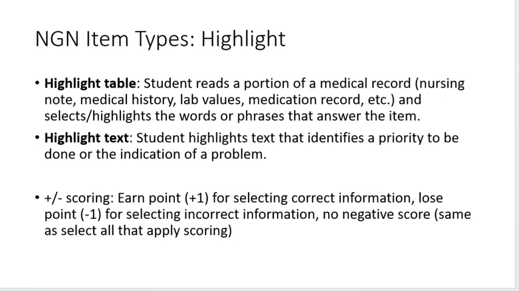On the NCLEX, it's on the computer, so you'll highlight it by dragging your cursor over it. In your nursing school exams, you might be asked to underline or circle something provided in a table. And the same thing can apply to text, where you're highlighting information within text to indicate a problem.